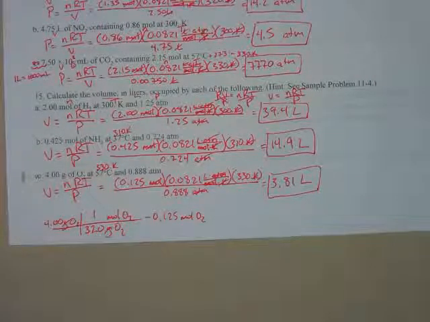But please note, there's no changing conditions here. It's not like we have a P1 and a P2, or a V1 and a V2. It's just one set of circumstances, one set of conditions, and we have values for all these terms, right? We'll be given 4 out of the 5 of these, including R, right?